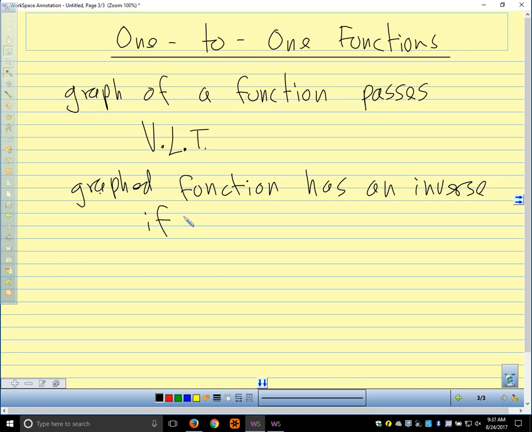Well, we have another way, without having to graph what could be the inverse function. We have another test: the graph passes the horizontal line test. So if we have a graph of a function that passes the horizontal line test, the function has an inverse.